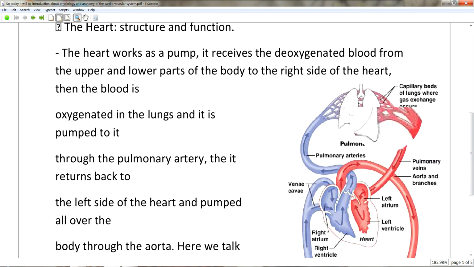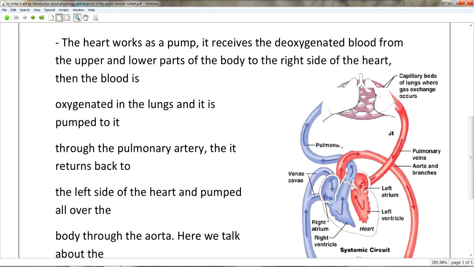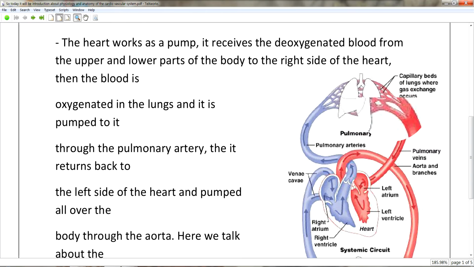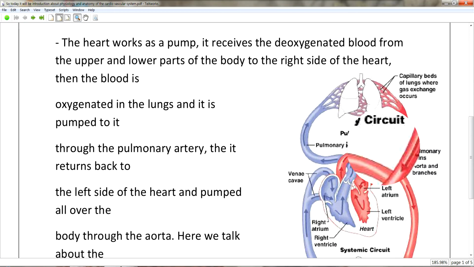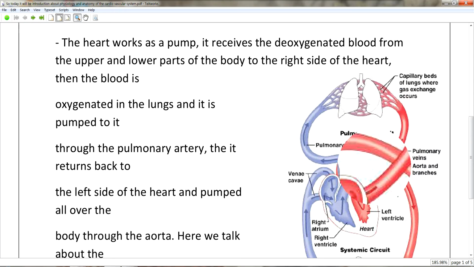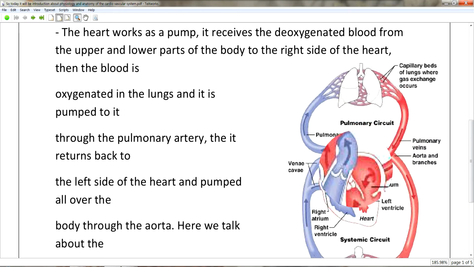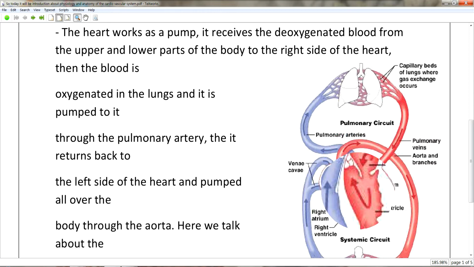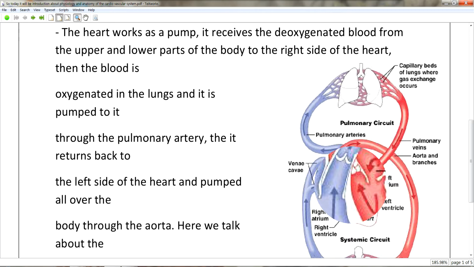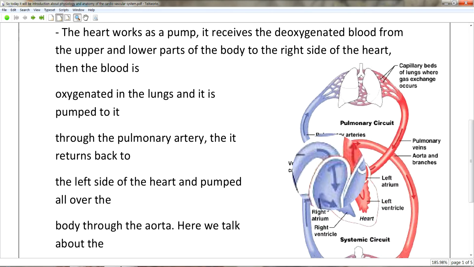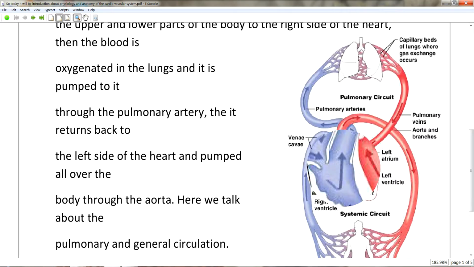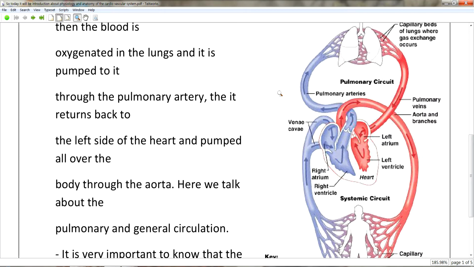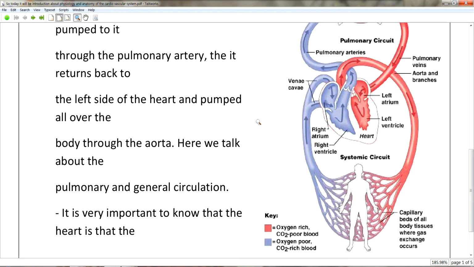The blood should be oxygenated in the lungs and sent to the left atrium, from the left atrium to the left ventricle, from the left ventricle to the aorta and to all the body. This is the general circulation.